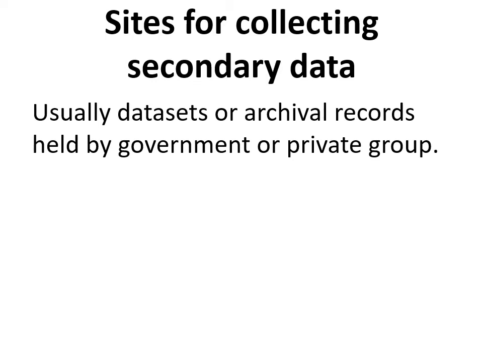So secondary data is usually some kind of data set if it's quantitative data, like climate data or various kinds of economic data, or it can also be in archival records that might be held by a government agency or a private organization.